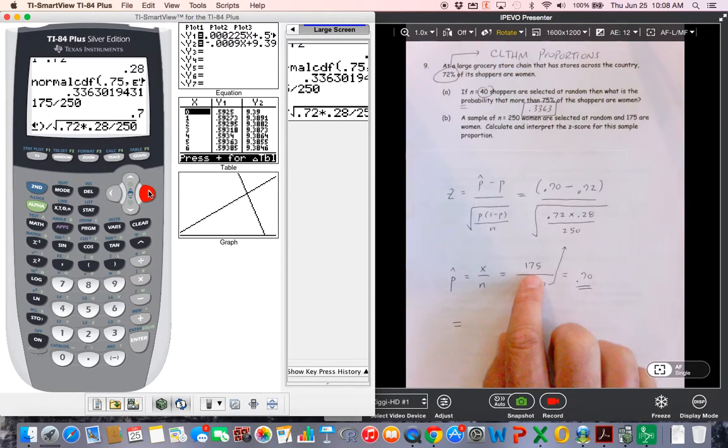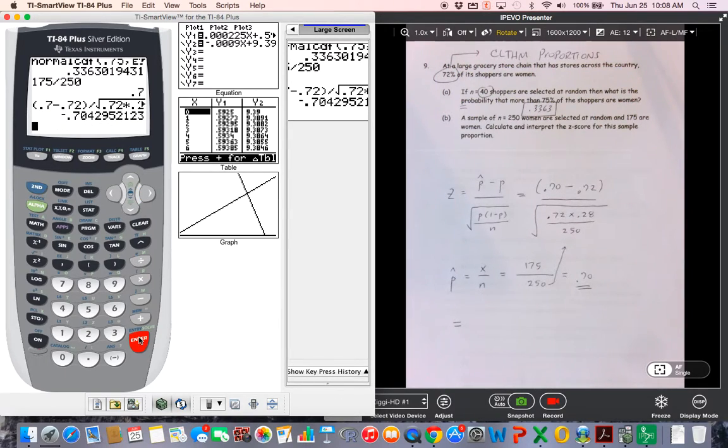And say, well, that's a number. Yeah, but it's the wrong one. You want the sample size 250. 175 was the count of how many women out of the 250 there were as shoppers. So let's hit enter, and I get a negative 0.70.